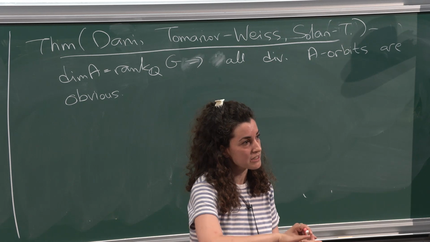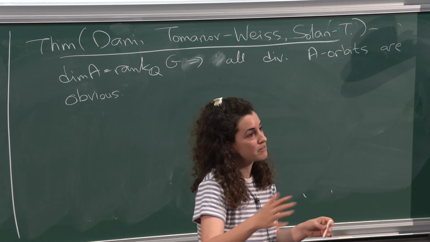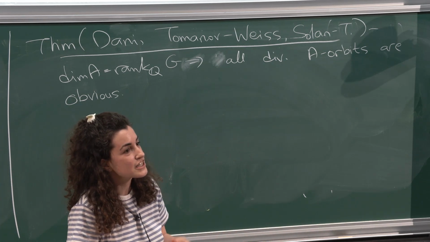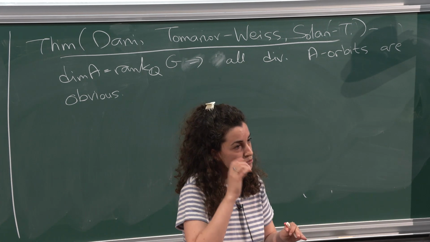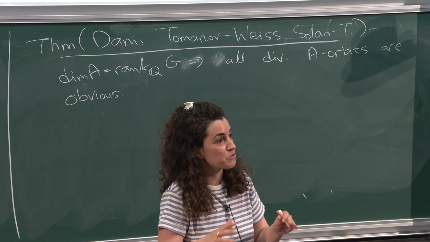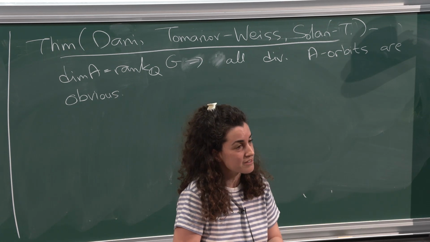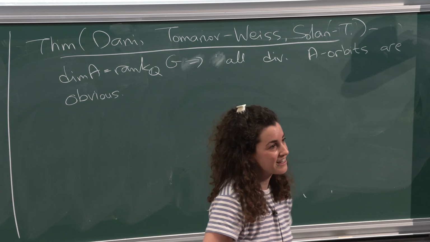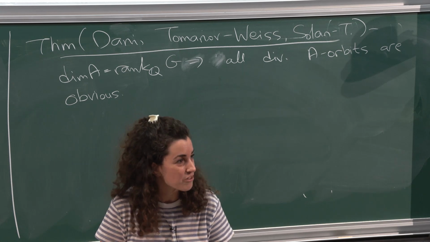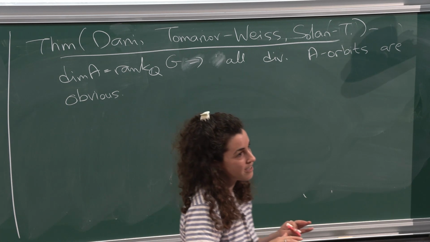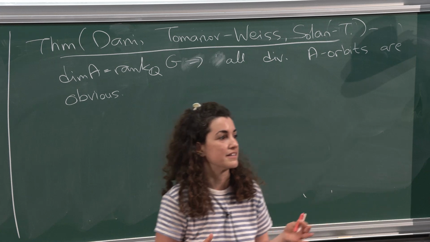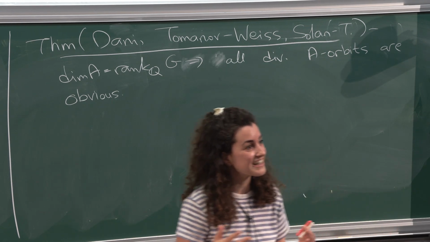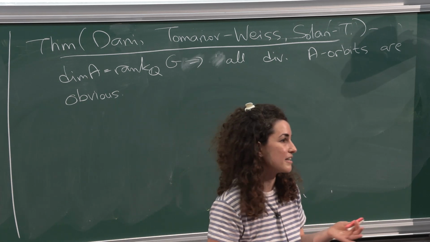I fix some rational direction, and I take the flat. Any orbit like that is going to be obvious. Officially, this definition also allows you to move between these, but I think the answer should be that it's just going to be one of these rational flats. I don't know of a proof for that, but it should be the answer.